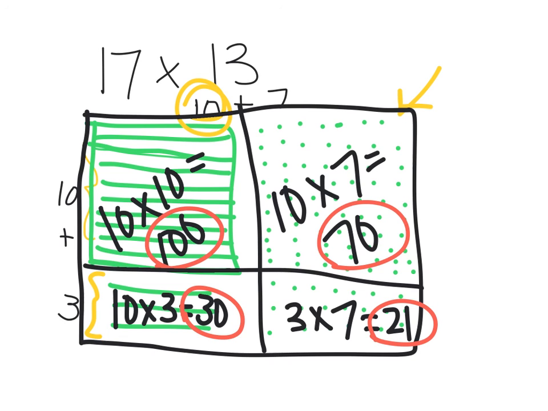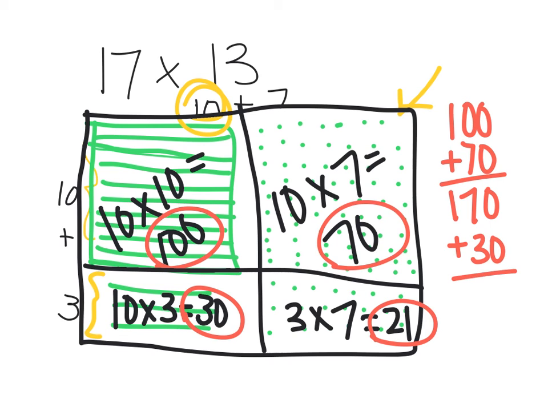I have all my partial products, so I can add them up. I have 100 plus 70, which is 170, plus 30. What is that? No. 200. 0 plus 0 is 0. 7 plus 3 is 10.